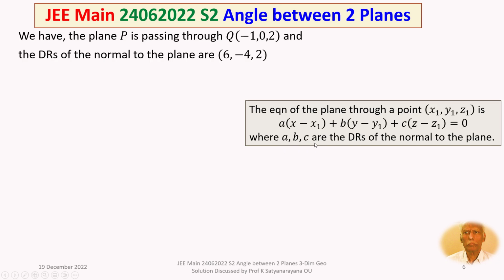So a, b, c in our case is 6, -4, 2 respectively, and x1, y1, z1 is -1, 0, 2 respectively.